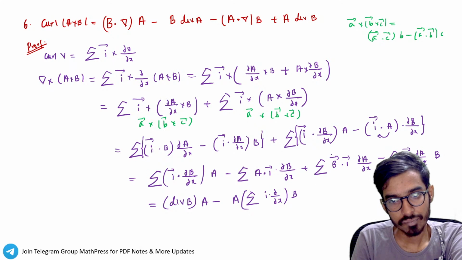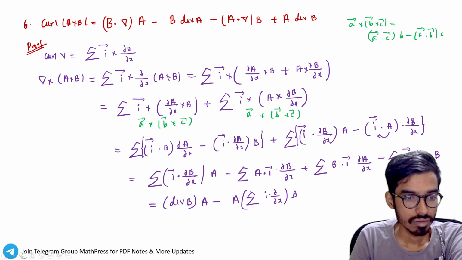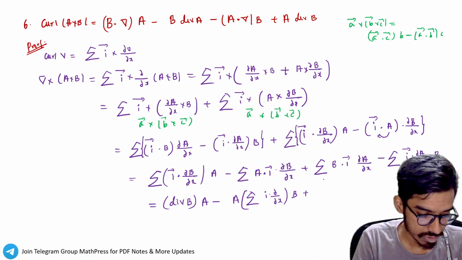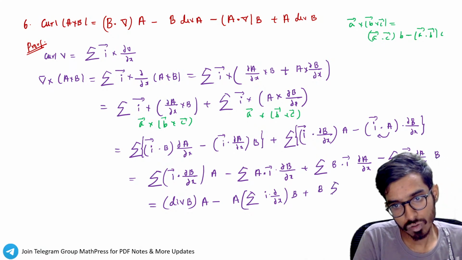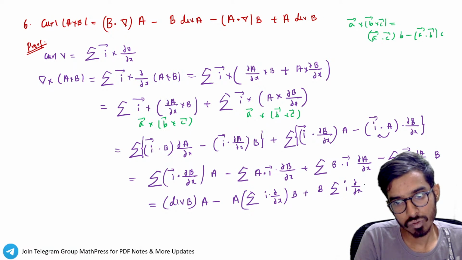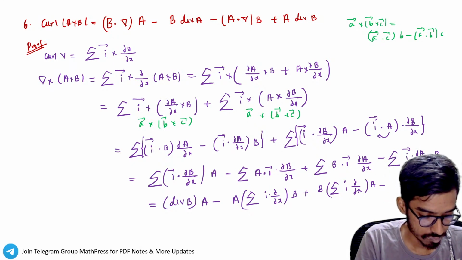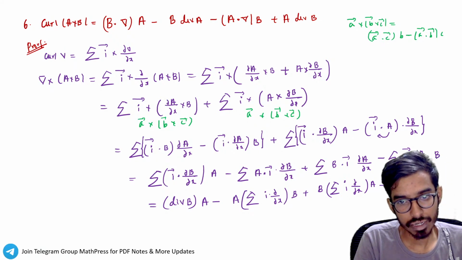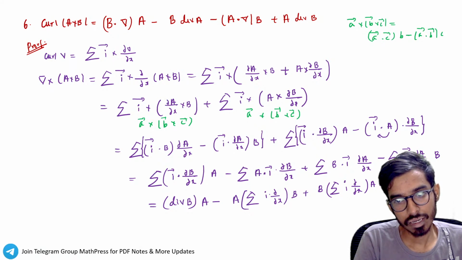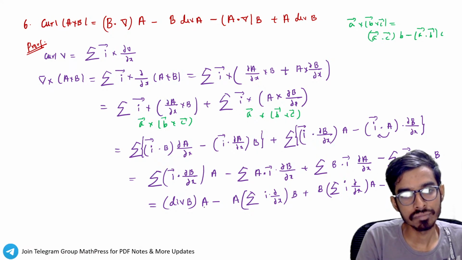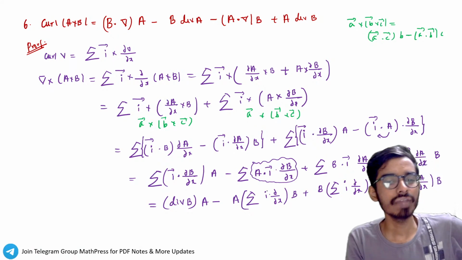And again this can be written as B into summation i dou by dou x dot A, minus summation A dot dou A by dou x into B. This is divergence of A into B. Whenever you have A dot i to something, you just take A, B outside and run the summation only for the rest. Take A, B to be any vector and verify that both will be the same, right?